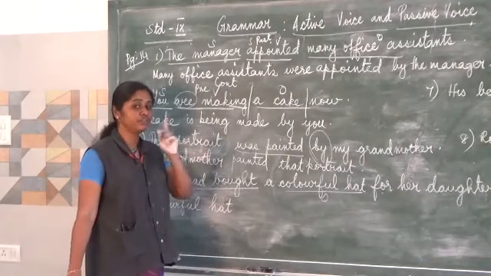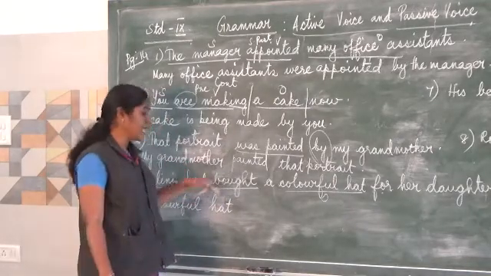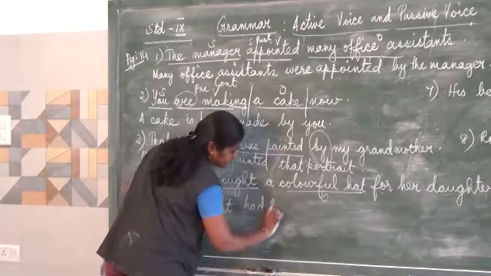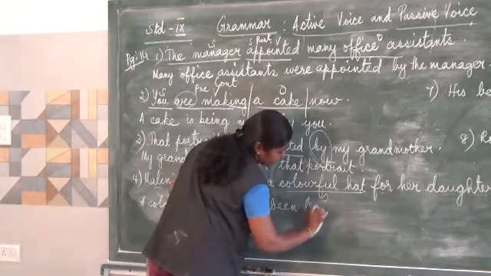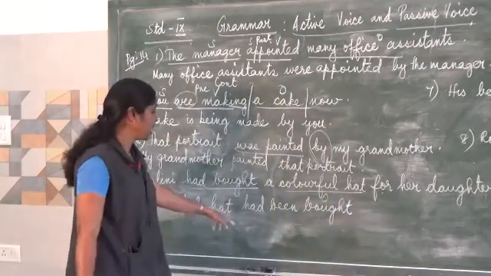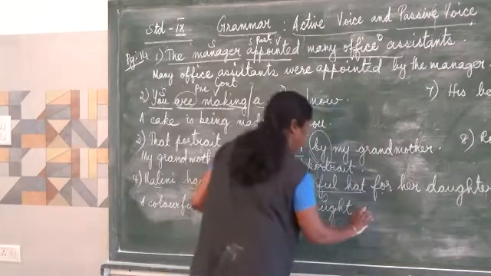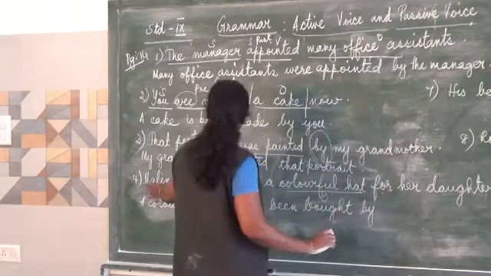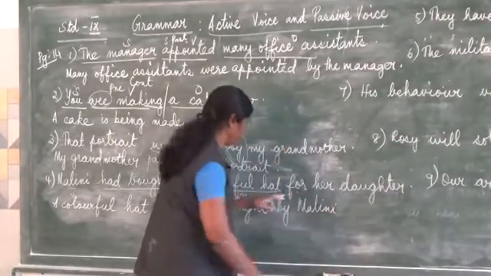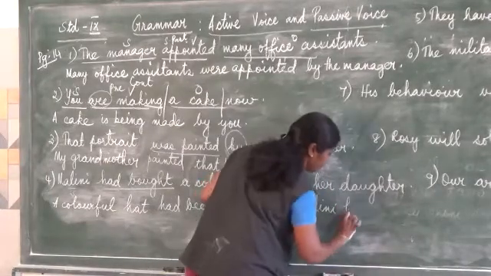So past perfect, you have only one possible answer. "Had been bought." Okay. "A colorful hat had been bought by," subject is Malini, and whatever is left out, "for her daughter."